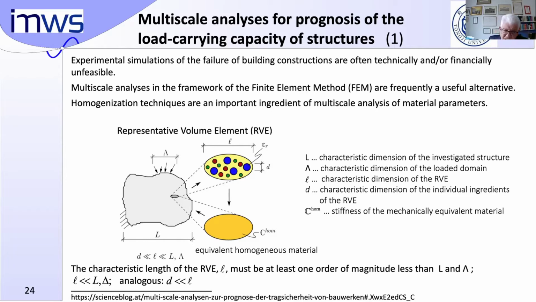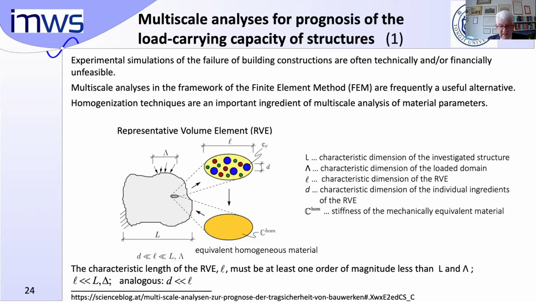Let me explain this by means of the figure shown on that slide. The gray part illustrates schematically a structure. Its characteristic length is denoted as uppercase L, and the stretch of the load is denoted as uppercase lambda. If you look closely at this figure, you see a dark shaded little part, which is zoomed out.